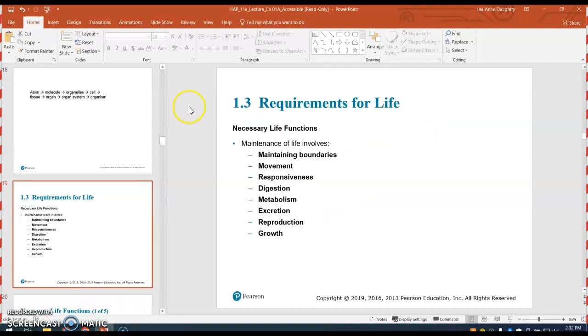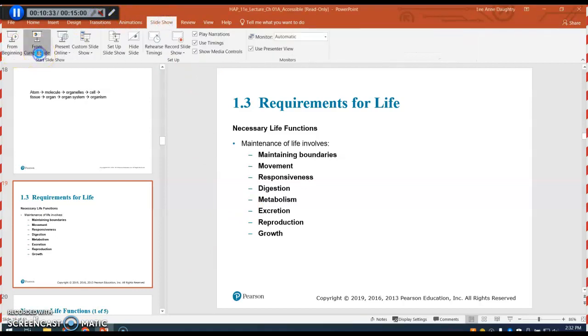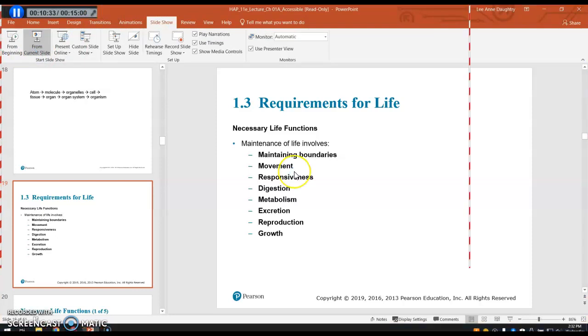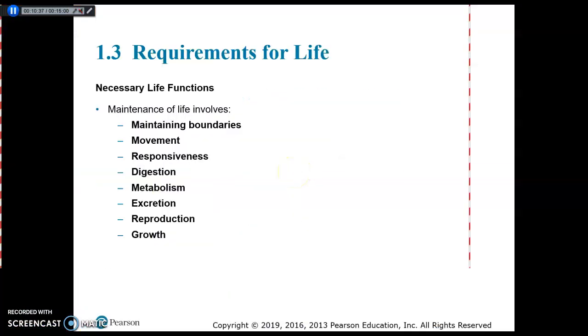Now we'll move on to the requirements for life. So all living things, and we do focus on humans in this class, have necessary life functions.